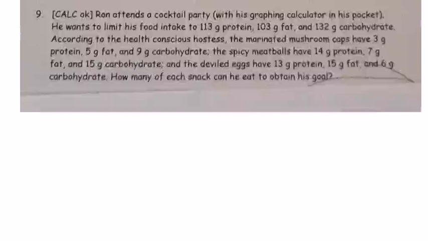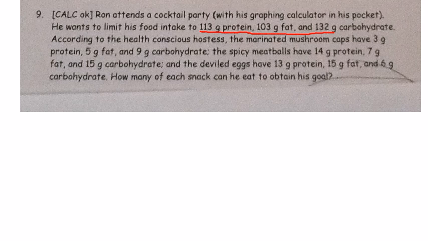I've got these guys right here, which are protein, fat, and carbohydrate limits. And then they give me 3 different types of food that have different amounts of those 3: protein, fat, carbs, right?